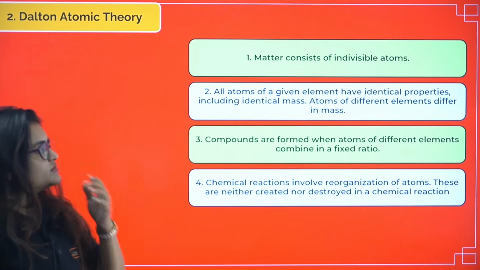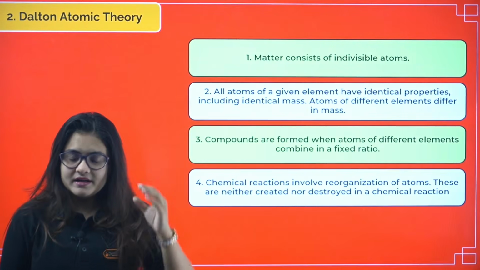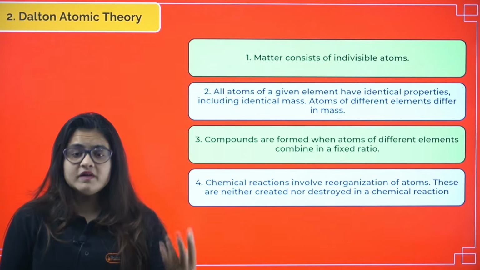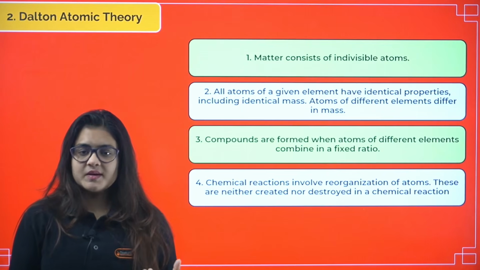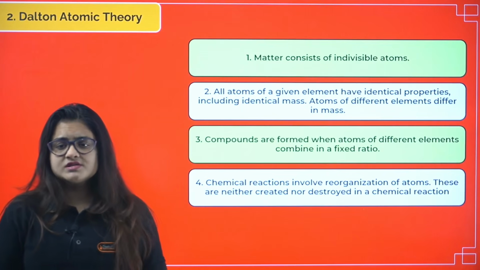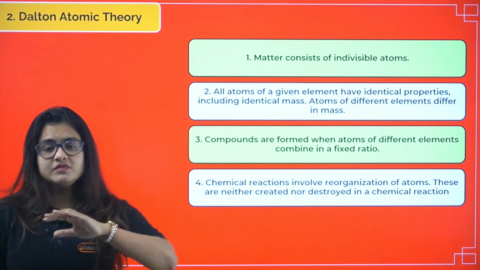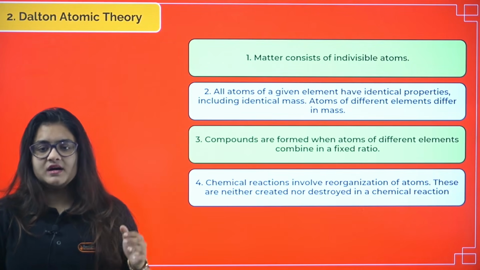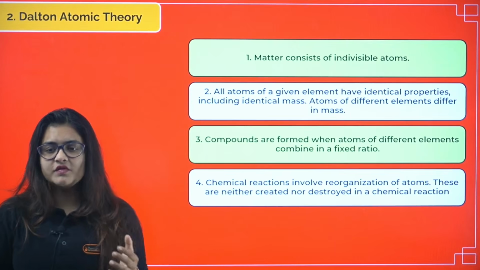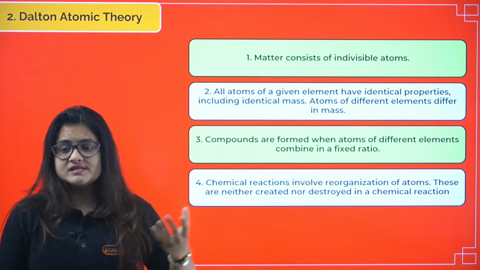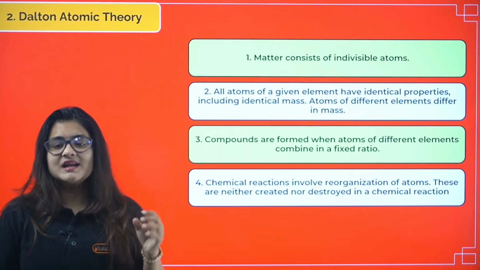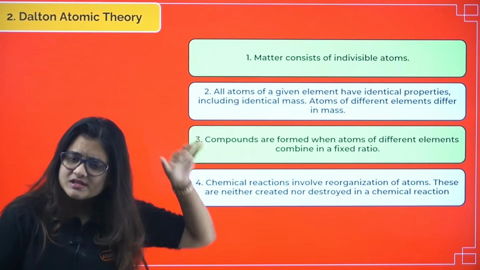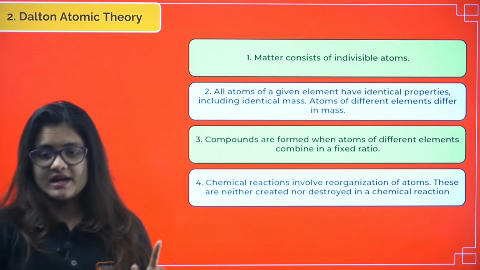Next, all atoms of a given element have identical properties, including identical mass, and atoms of different elements differ in mass. Next, compounds are formed when atoms of different elements combine in a fixed ratio. Next, a chemical reaction involves reorganization of these atoms, and they are neither created nor destroyed during the chemical reaction. So these are the postulates of Dalton's atomic theory.